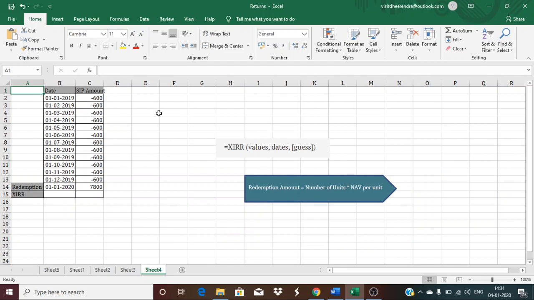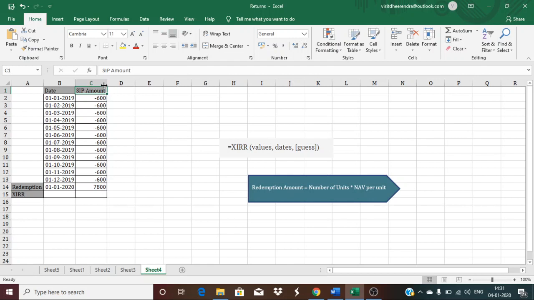Now here on the screen you can see there is a table given, and in this table there are dates and SIP amounts. Assume that I'm making an SIP for the next 1 year, and that is a monthly SIP. On 1st of every month I'm making a payment of 600 rupees.